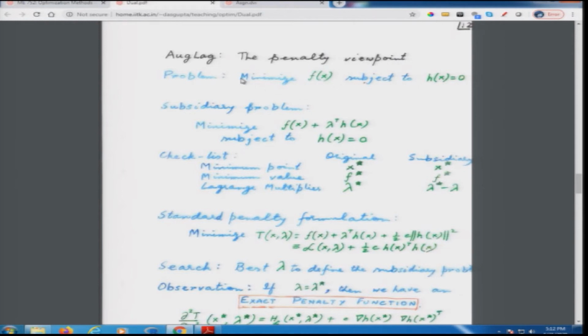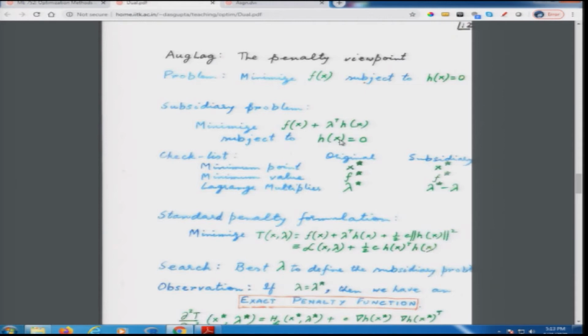So, the original problem here is to minimize the function f x subject to these constraints. Now, in this explanation, I have kept only equality constraints to keep things simple, and inequality constraints I have omitted for the time being. So, the subsidiary problem talks of minimizing not f x, but the Lagrangian, f x plus lambda transpose h x, subject to these constraints.